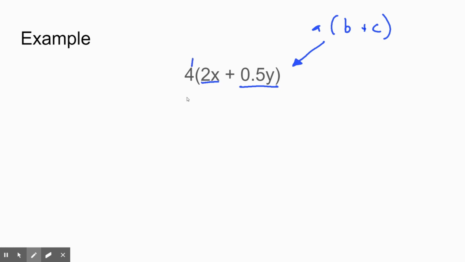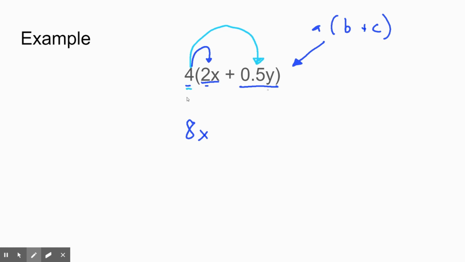We're going to take our 4, we're going to multiply it by 2x. All we're really doing here is multiplying the 4 and the 2. So we're going to get 8x. We then do the same thing. We're going to distribute the 4 to the second term.